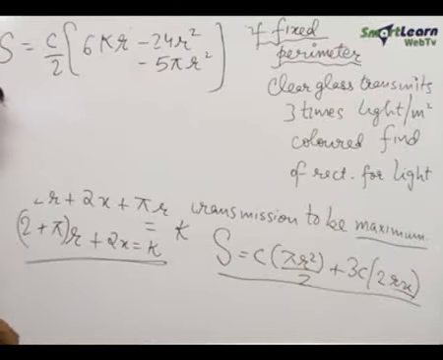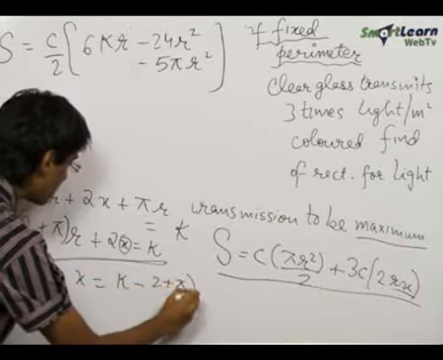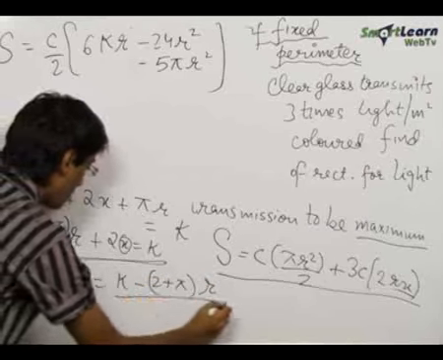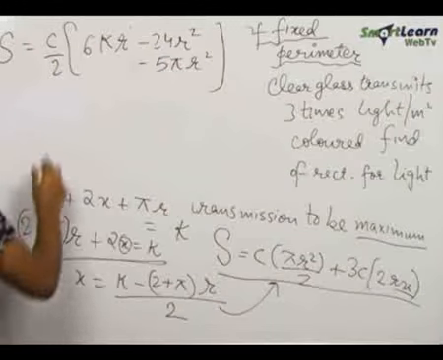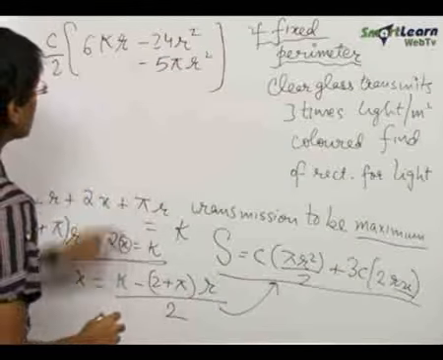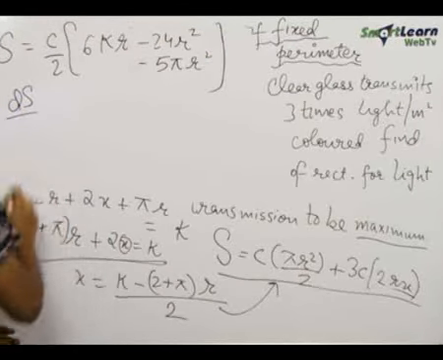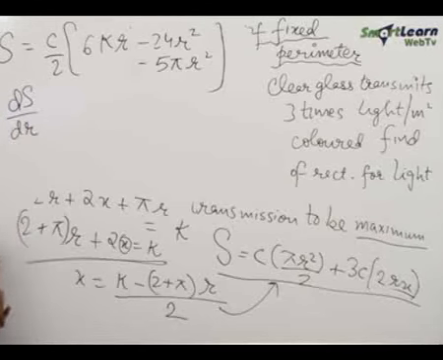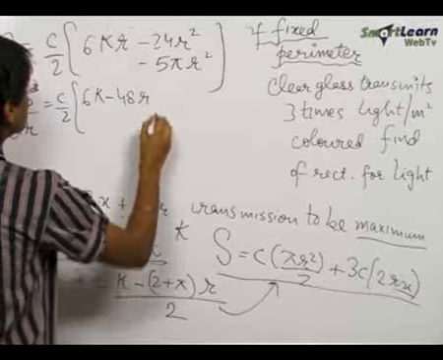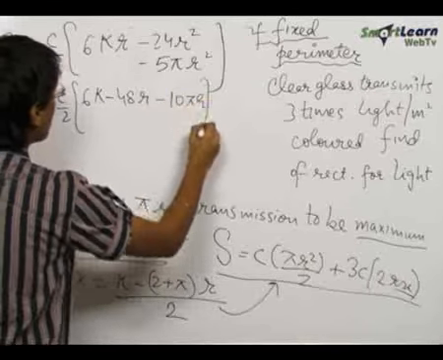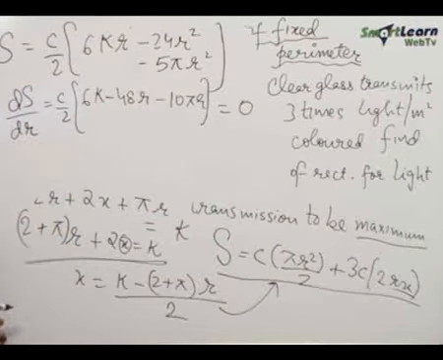What we have done is we have put x in terms of r as k minus 2 plus pi r upon 2 in this equation to get the total light S as C by 2 times 6kr minus 24r square minus 5 pi r square. Now we can very easily differentiate this total light S with respect to the variable r to get C by 2 times 6k minus 48r minus 10 pi r and put it equal to 0, because we know that at the point of maxima or minima we have the derivative equal to 0.